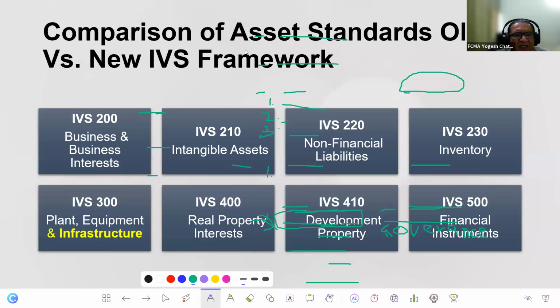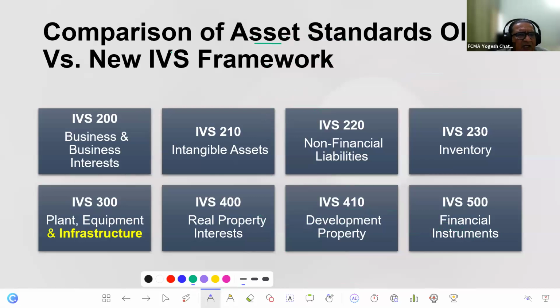Moving forward, the asset standards. There are 8 asset standards in both the current version of IVS and the revised version of IVS, but I will just highlight the major changes in brief.